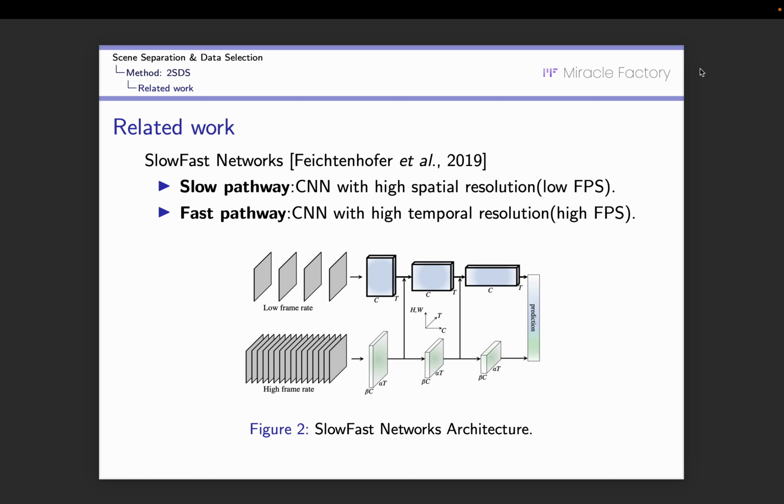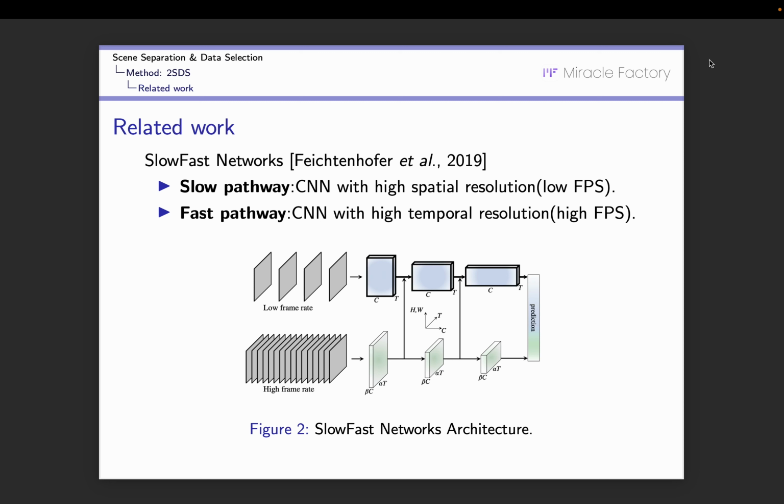The fast pathway is also a CNN, but this type of CNN doesn't really care about which objects are in which frames. They only know about the relationship between the different frames. And this type of CNN is usually lighter than the slow pathway, so it has a much finer temporal resolution, or very high FPS.